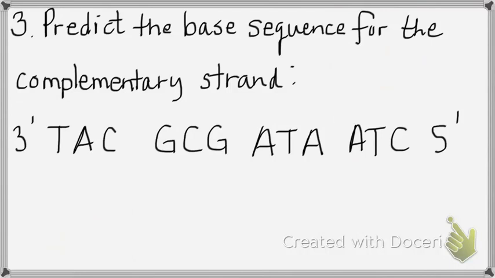Okay, so number 3 says to predict the complementary base sequence of a piece of DNA. So I thought it'd be fun to actually just practice together. So I put a little piece up here. This goes with number 3, but it's not exactly there. It does also reference table 11.2 where we practiced in our lab manual. But class, as a group, can you go ahead and get me started here? First of all, this says 3', so what would be right here? 5'. Okay.